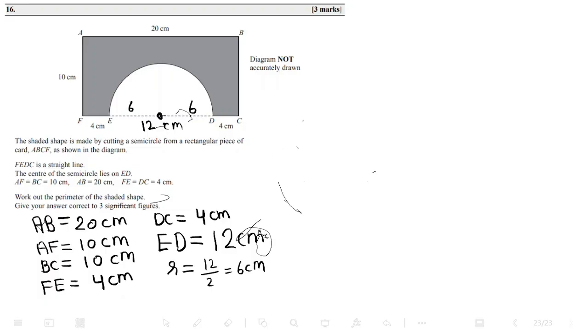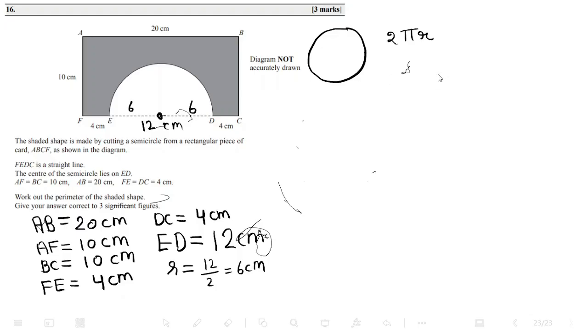This is question number 16. Let me do it in a simpler way so that it will be very easy to understand. Now see, for the circle we know the circumference formula is 2 pi r.